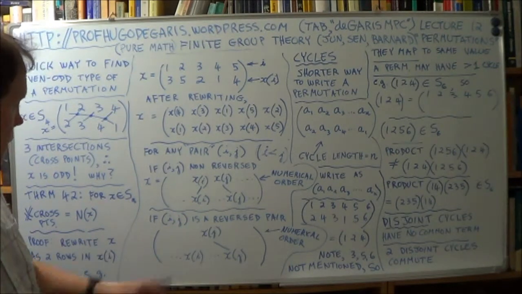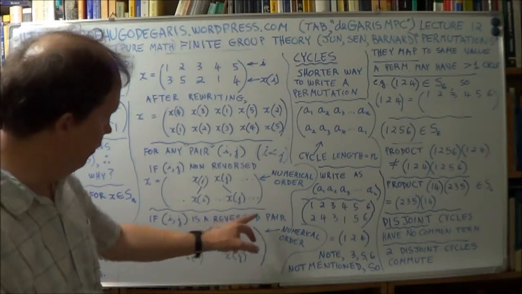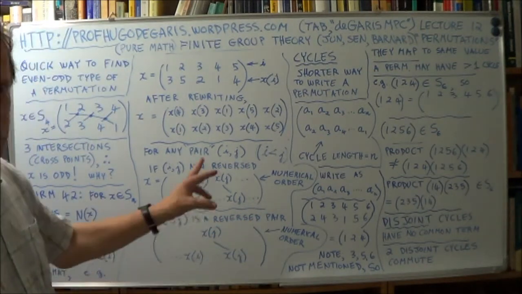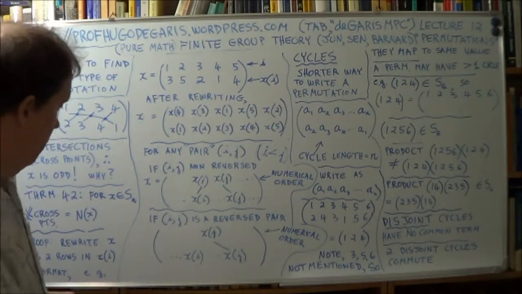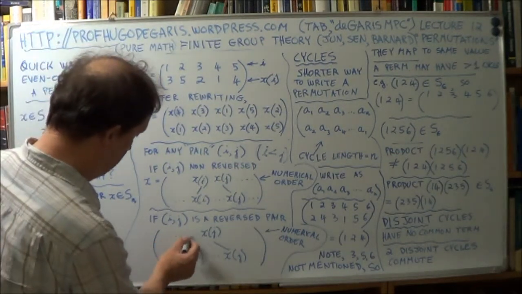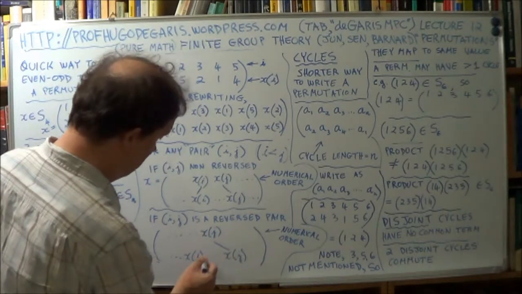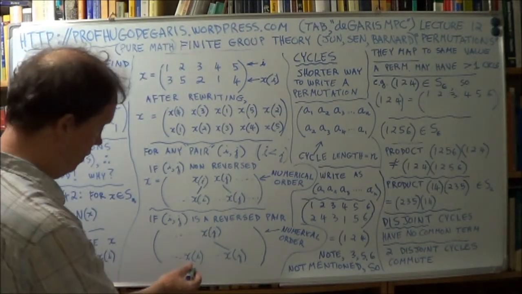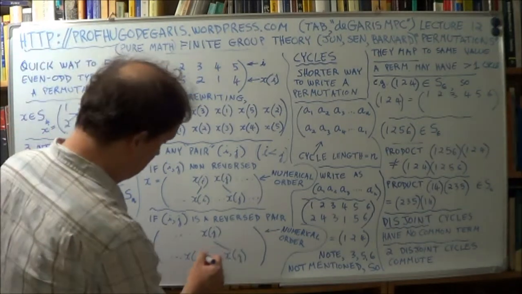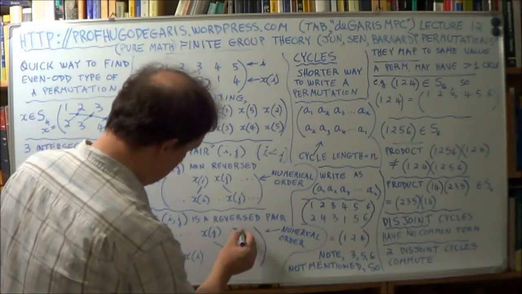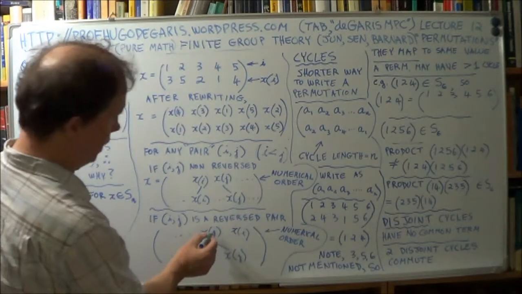In this case, you have a reversed pair, and can you remember what that means? It means x of i is greater than x of j, and remember this row here is numerically ordered. So with the same kind of logic, since x of i is greater than x of j, your x of i in this row must lie to the right of this.